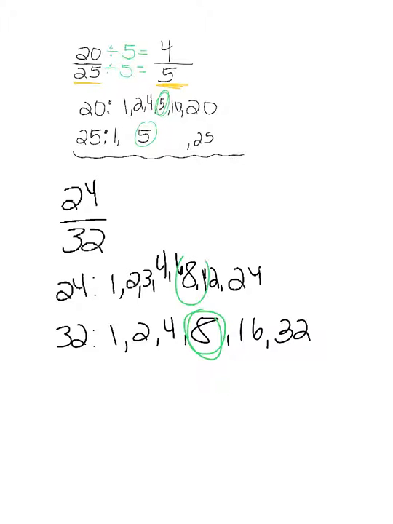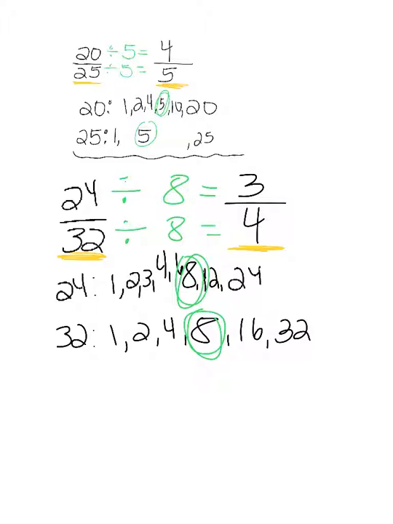That is the greatest common factor. Now that I've found that, I simply divide my numerator by 8 and my denominator by 8. So 24 divided by 8 is 3. And 32 divided by 8 is 4. So 24/32 in simplest form is 3/4.